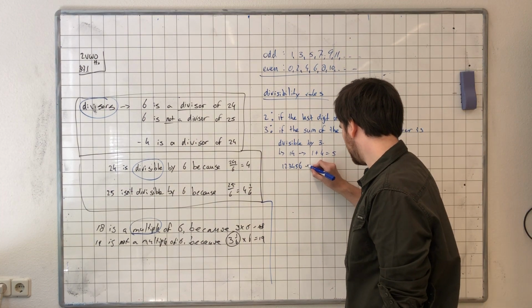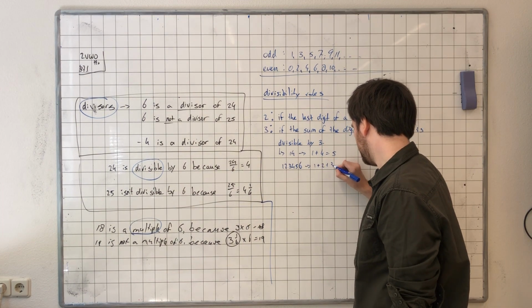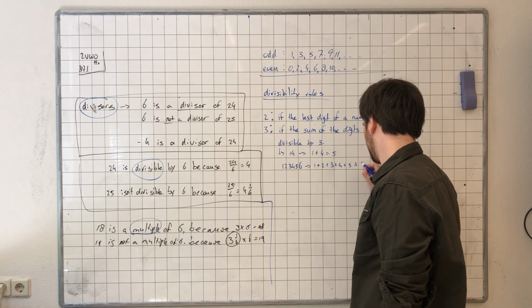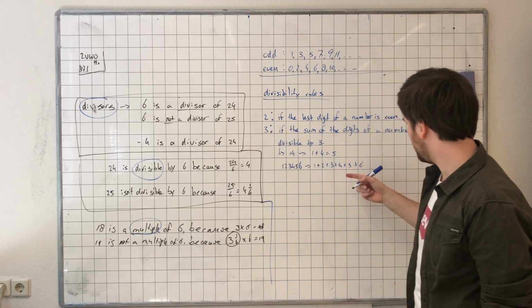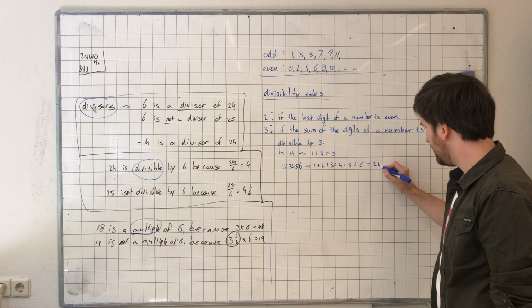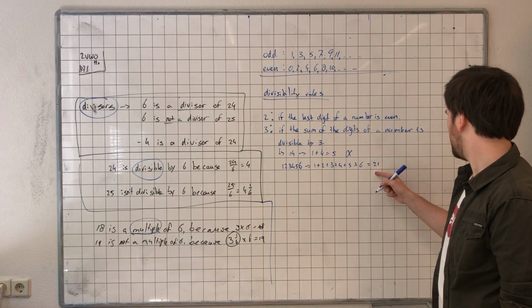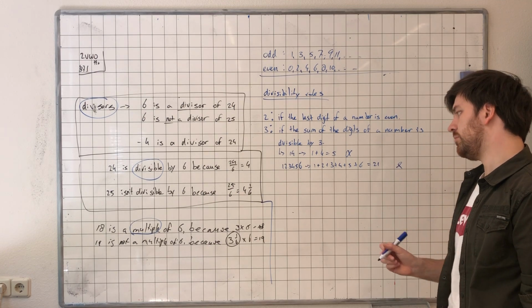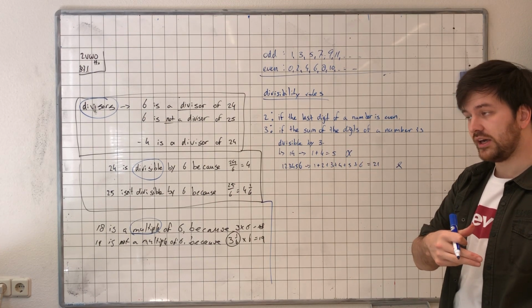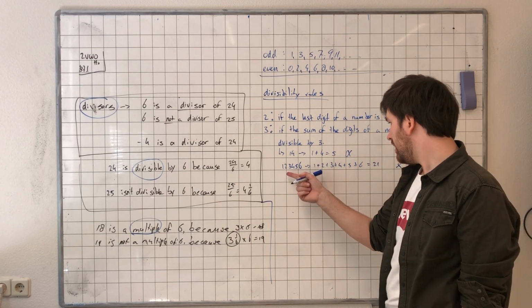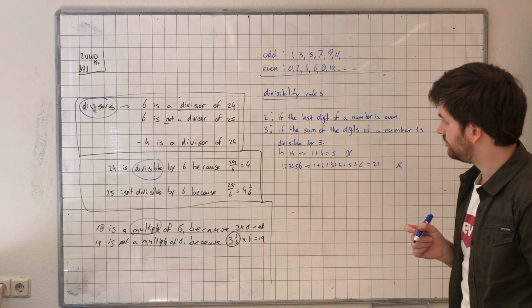If you add the digits 3, 6, 10, 15, 21, then I do know 21 is divisible by 3. So this number is divisible by 3. I don't know the result by head. I can calculate it, but that wasn't the question.